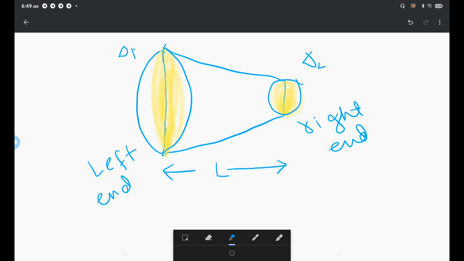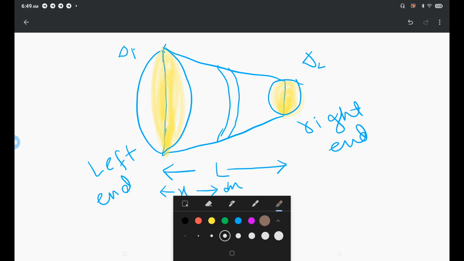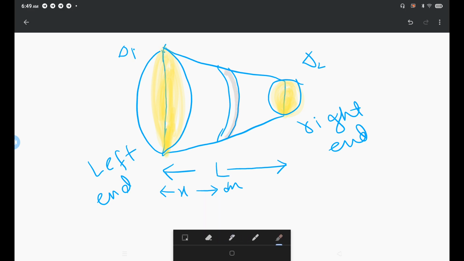From the left end at a distance x, let us take an elemental strip of thickness dx.